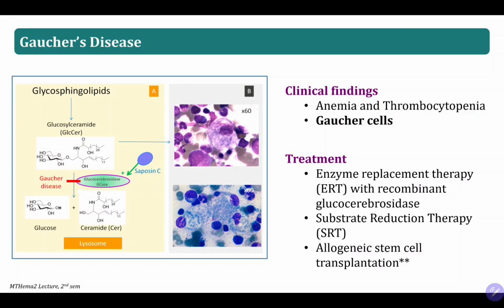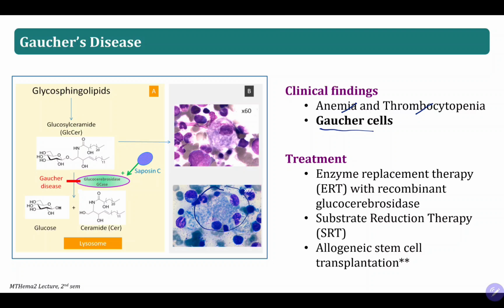Now, clinical findings for Gaucher disease shows anemia and thrombocytopenia, and the hallmark present in your Gaucher disease is, of course, from the name itself, si Gaucher cells. So, hindi na kayo magkakamali. Okay? Basta Gaucher disease, Gaucher cells. When we talk about Gaucher cells, these are distinctive macrophages, single or in clusters, that exhibit abundant fibrillar blue-gray cytoplasm with a striated or wrinkled appearance.